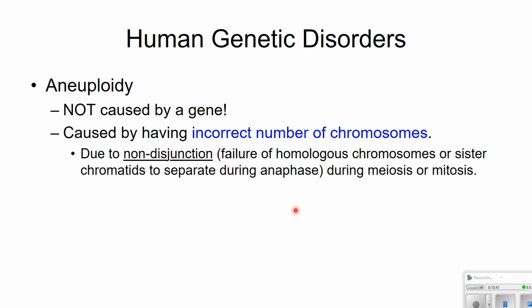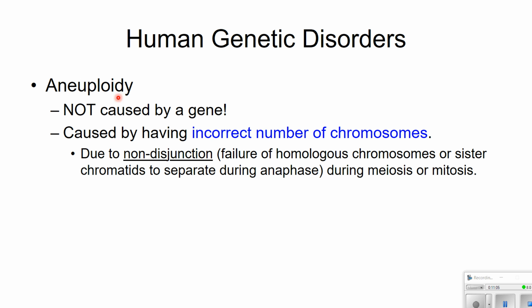And finally, the fourth major category of human genetic disorder is referred to as aneuploidy. Strange word, aneuploidy. Now, technically, an aneuploid condition is not genetic because it's not caused by a gene.